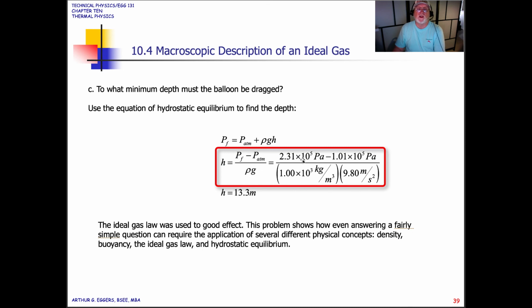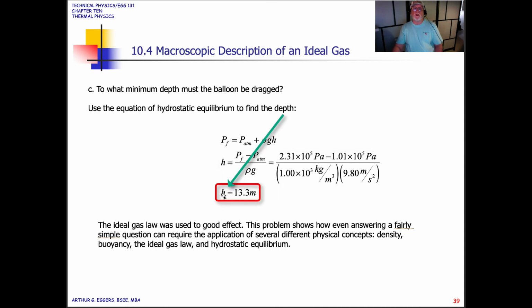We insert our terms, take the difference in the final and the atmospheric pressure, take the product of the density of water and the acceleration of gravity, and we end up with the depth where the balloon must be dragged for it to be in equilibrium: 13.3 meters.